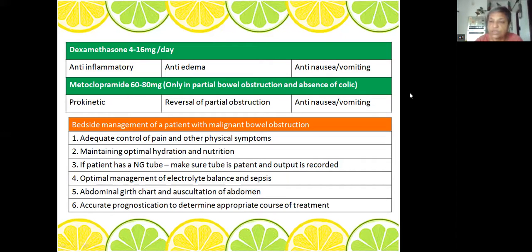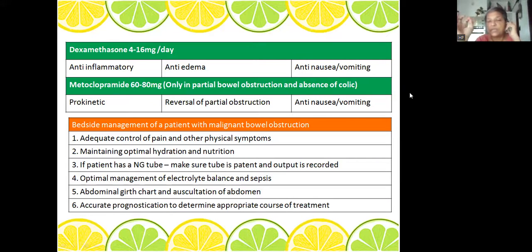So reassuring the patient is very important at the bedside, because the patient will be having pain, nausea, vomiting, and as I said, maybe vomiting the fecal matter, whatever it is. So be at the bedside of the patient. As a nurse, this is very important. Reassure the patient. Allow one of the family members to be with the patient. That is also important.